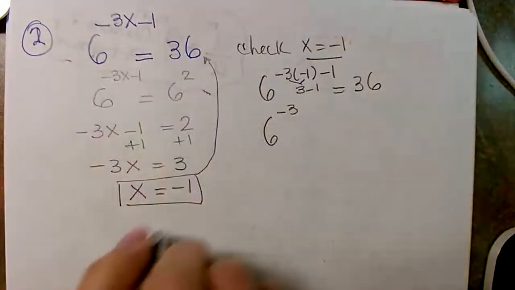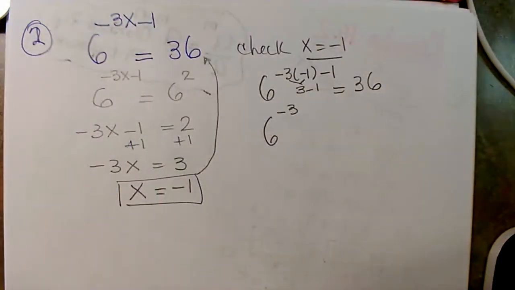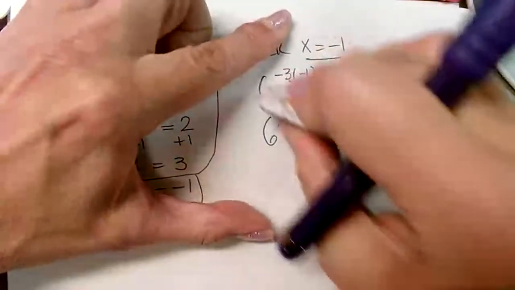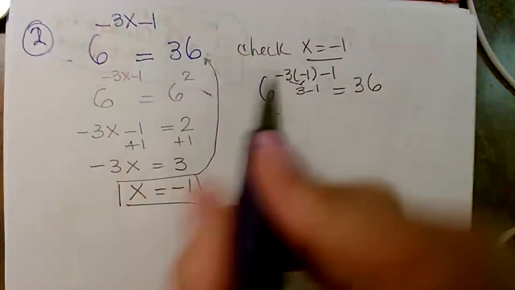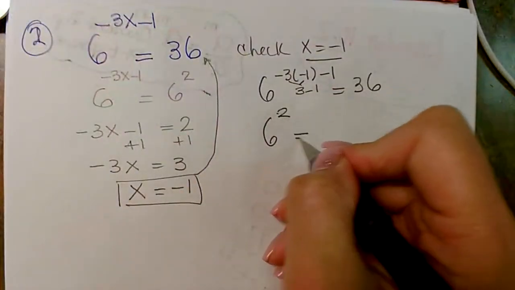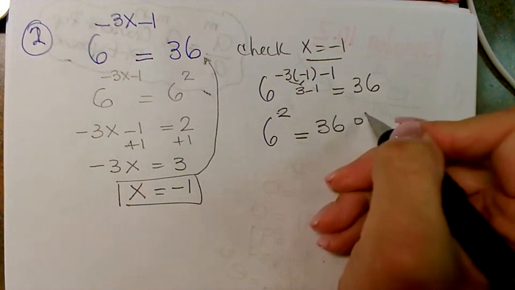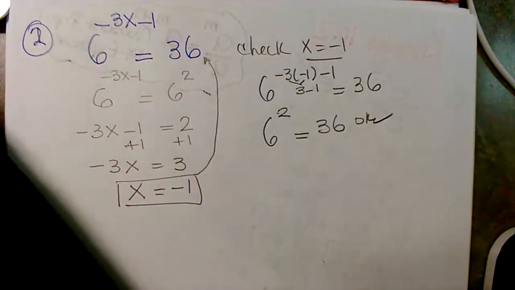This is 2 positive. Perfect. Equal to 36. Let me tell you, they were the same. So let's go. This is the end of 10.2.